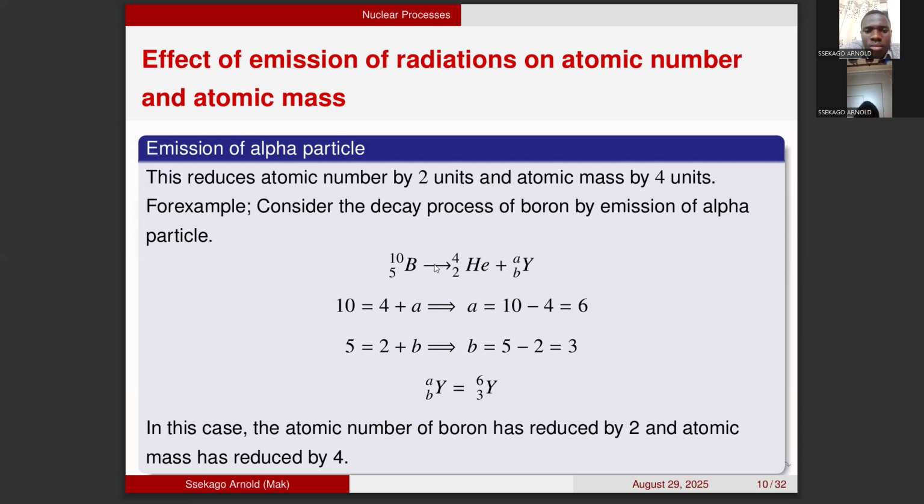So here we have boron breaking down by emitting this particle plus something else which I don't know. So it emits this particle and it also changes to form a stable atom.